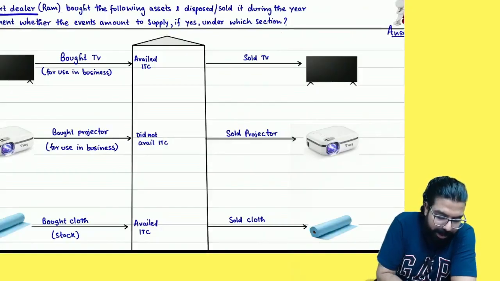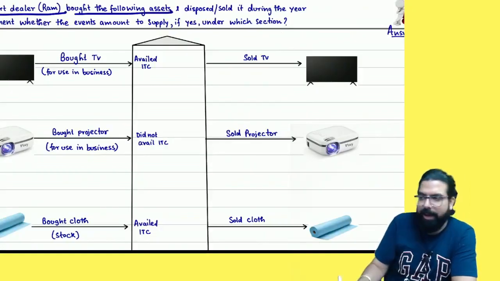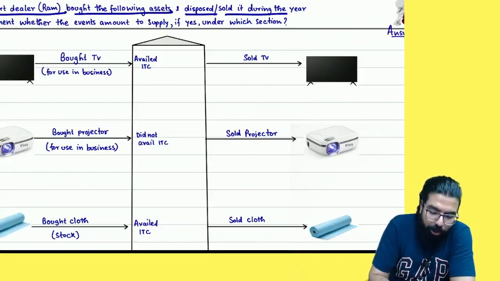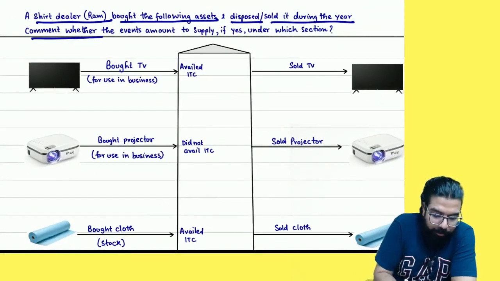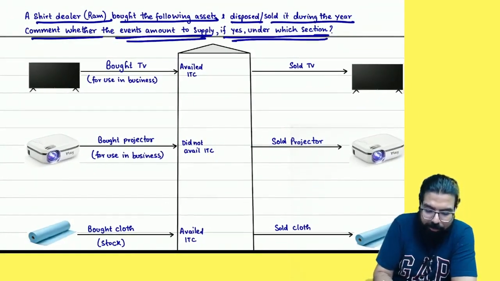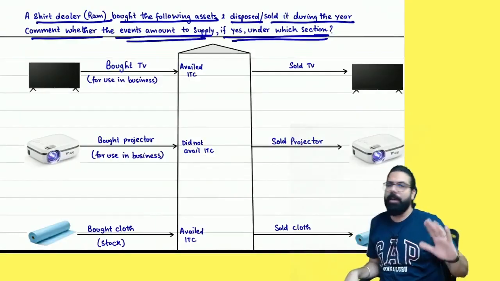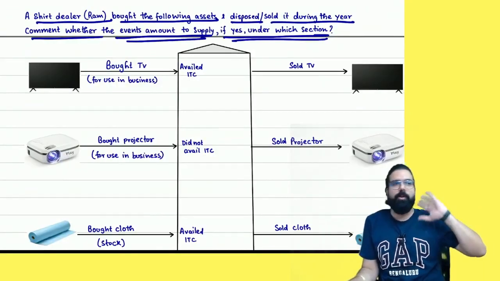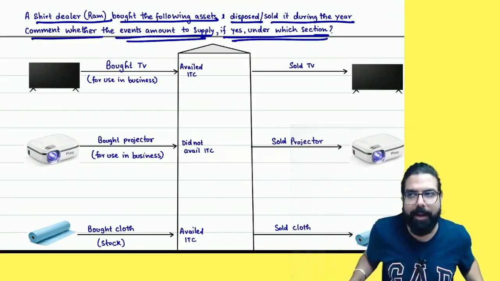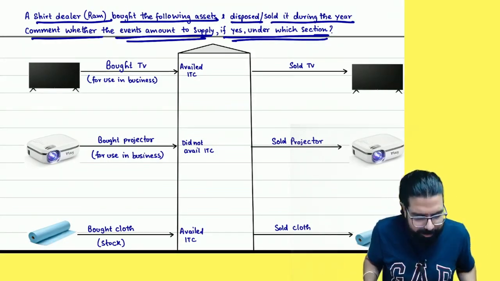A shirt dealer, Ram, bought the following asset and disposed or sold it during the year. Comment whether the event amounts to supply. If yes, you have to think about a shopkeeper called Ram, and Ram has done this transaction, whether it will be supply, not supply, GST will come or no GST. Done, everyone? Ready?